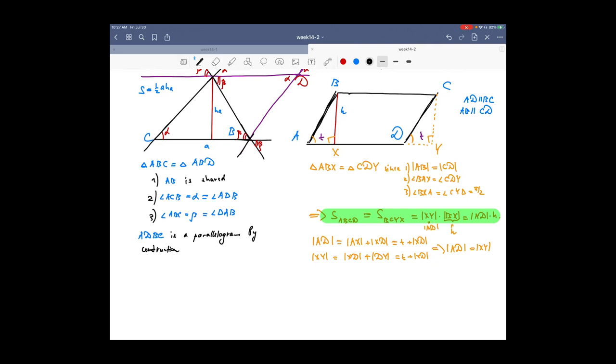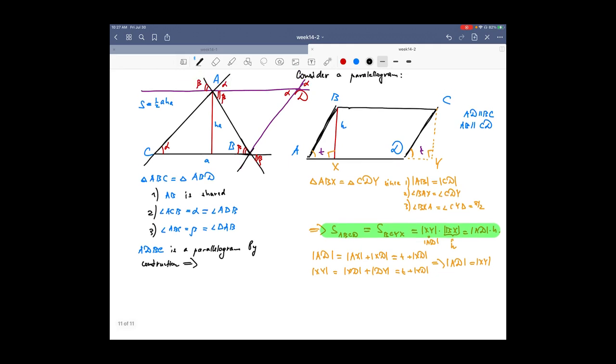So from the picture, we see that the area of the triangle ABC, which is just S, equals half the area of the parallelogram ADBC.